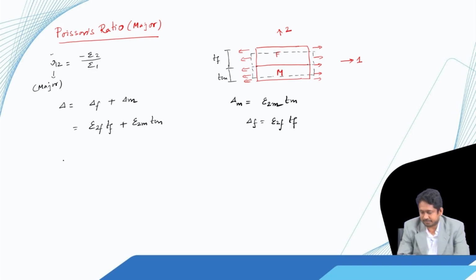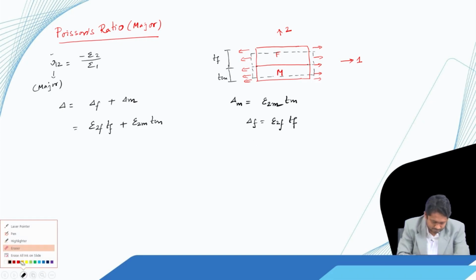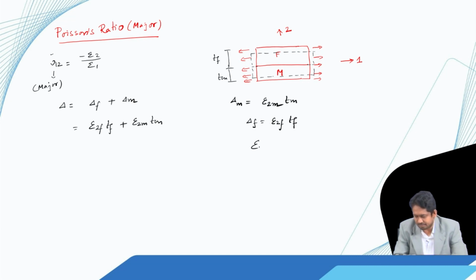Now, we can say like we did before, that epsilon 1 f, that means longitudinal strain in direction 1 for fiber, is equal to that same thing for matrix, which is equal to epsilon 1.